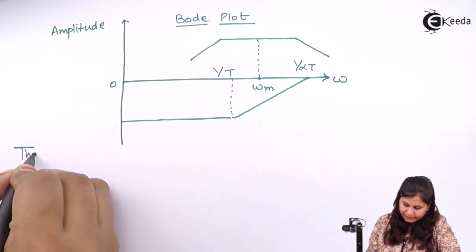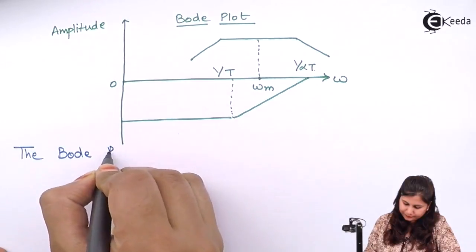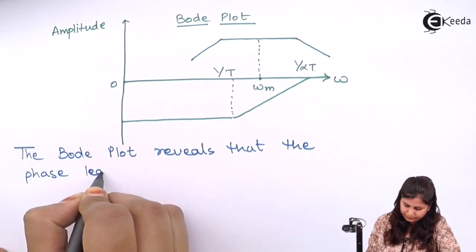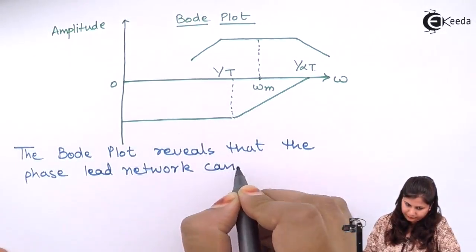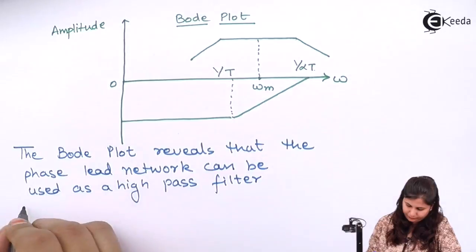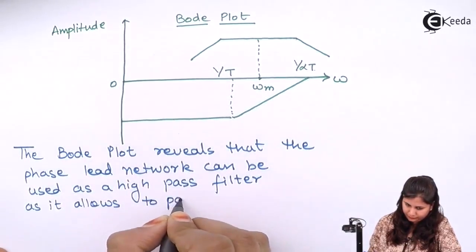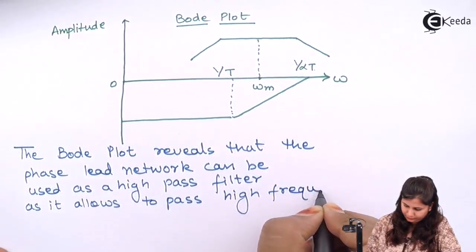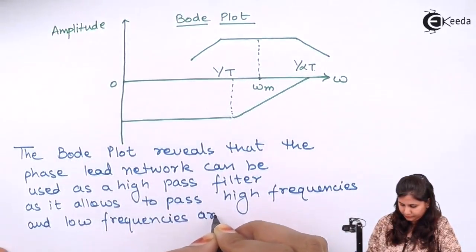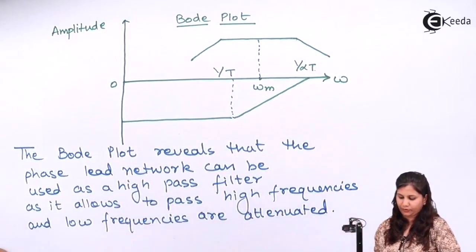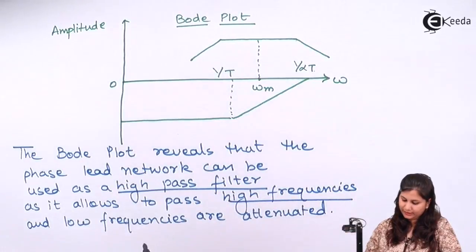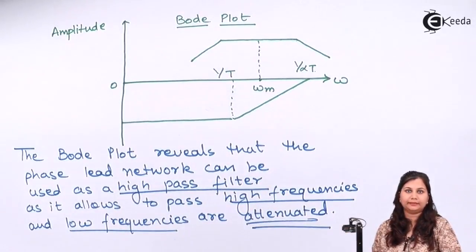So the Bode plot reveals that phase lead network can be used as a high pass filter. It allows high frequencies to pass while low frequencies are attenuated.